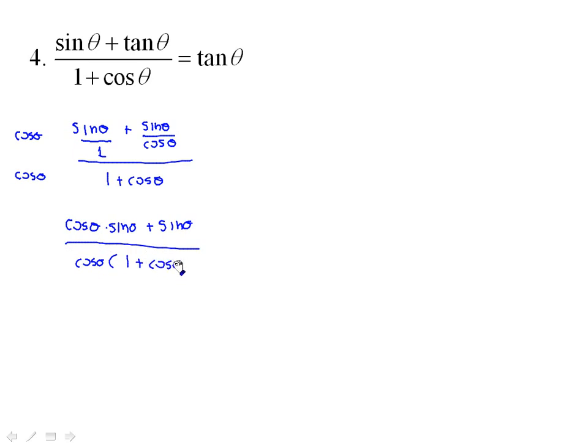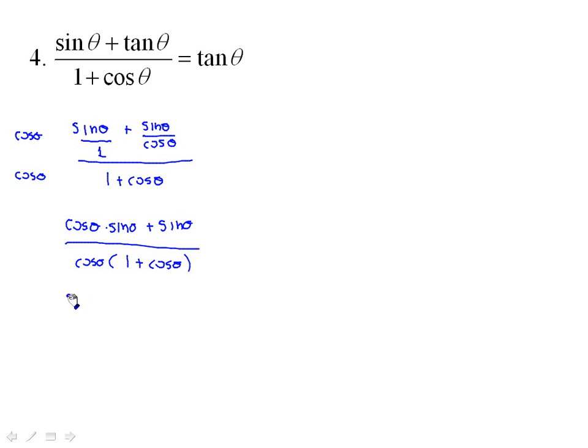So what has happened with that is I've done two steps in one, and I think everybody's familiar with it from earlier. Instead of getting a common denominator on top, which would have been cos theta, and then inverting or multiplying by 1 plus cos theta, I essentially did those two steps together by multiplying by cos over cos, which is just equal to 1.